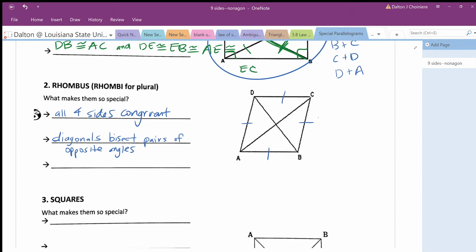So I kind of want to break down what that means. What does bisect mean? Cut in half, good. Can you name me a pair of opposite angles?